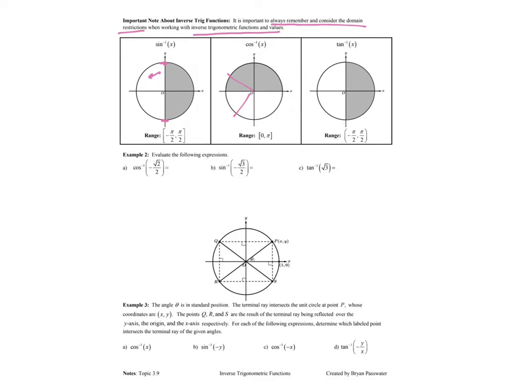So pi over 2 would be 2 pi over 4. This one's going to be 3 pi over 4, and the bottom one, 4 pi over 4, this one is 5 pi over 4. Well, which answer is allowed to be the right answer for this particular problem? It's going to be the one that fits in this restricted domain. So 3 pi over 4.